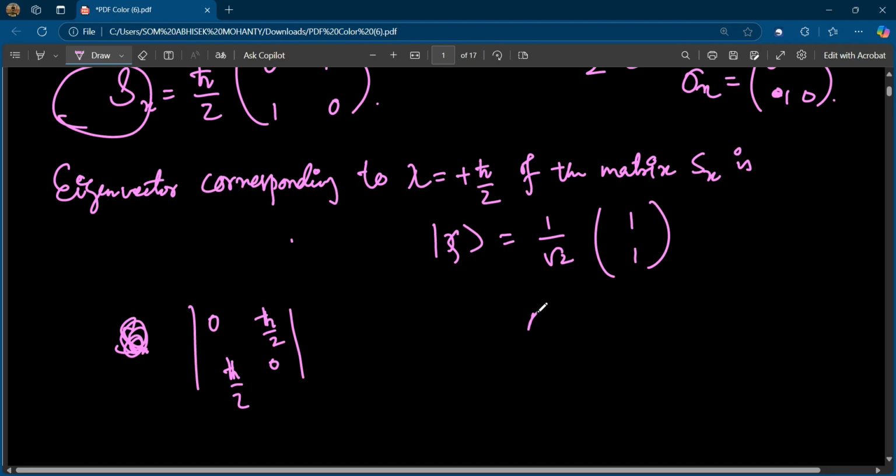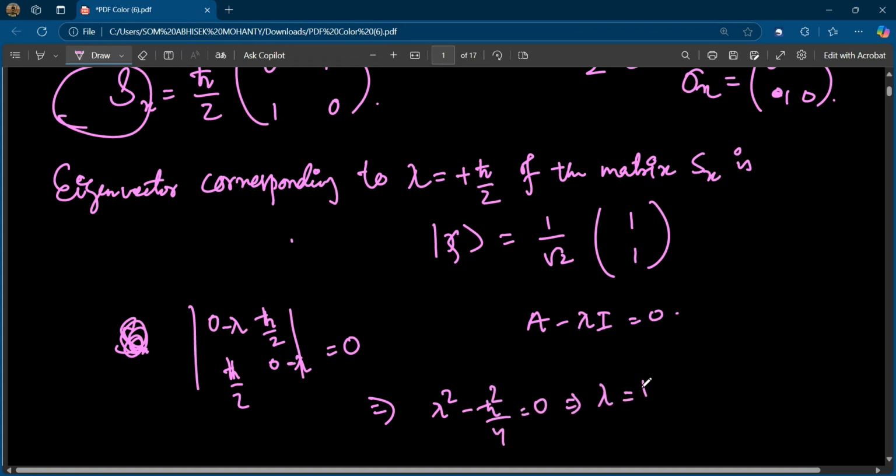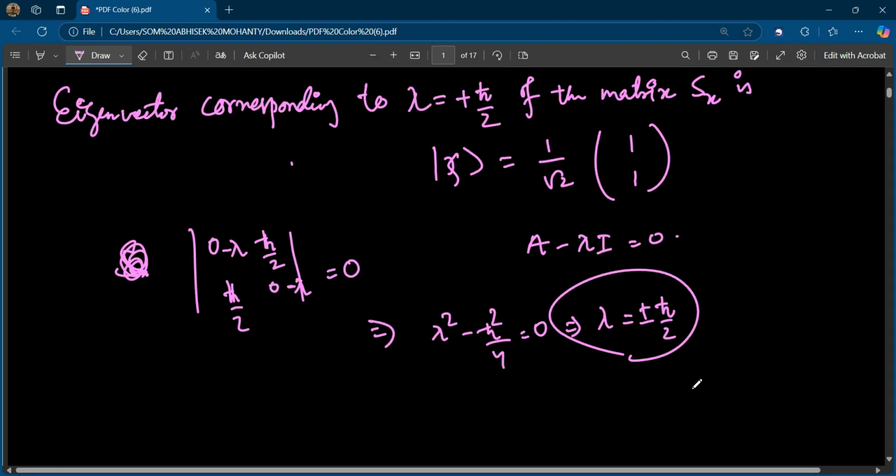A minus lambda I is equal to 0. So lambda square minus h cut square by 4 is equal to 0, so lambda is equal to plus or minus h cut by 2. So it has two eigenvalues, plus h cut by 2 and minus h cut by 2.